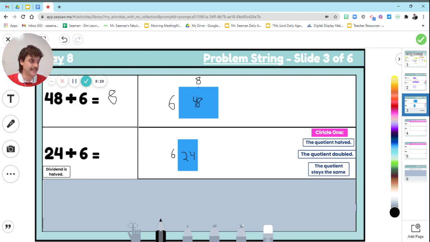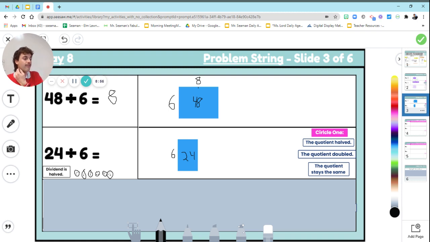24 divided by 6, if we put 6 cups out, like we put 1, 2, 3, 4, 5, and 6. If we put 1, 2, 3, 4, 5, 6, 7, 8, 9, 10, 11, 12, 13, 14, 15, 16, 17, 18, 19, 20, 21, 22, 23, 24.